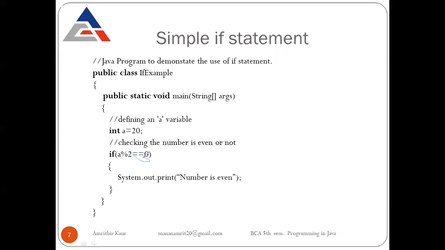So here we use a relational operator, that's why double equal is used, and the remainder will be returned and checked. If it is equal to 0, it means the number is even, otherwise odd. So if the condition is true, then control will enter the block and print that the number is even. Otherwise, if the condition is false, then control will go outside the statement and this message will not be printed.